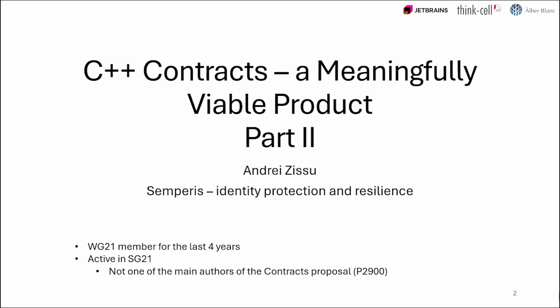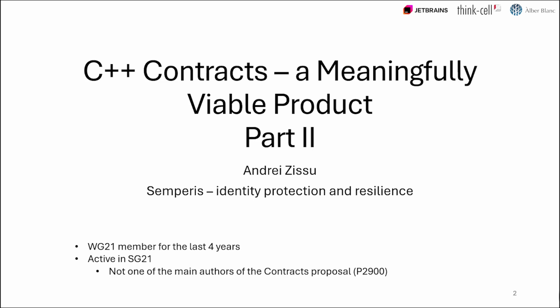Contracts and C++26 in general are about to be finalized in Croydon near London 2 weeks from now. Since contracts are in the status quo, if no objection passes in plenary, we will be able to say that we have contracts in C++26 as a fact.